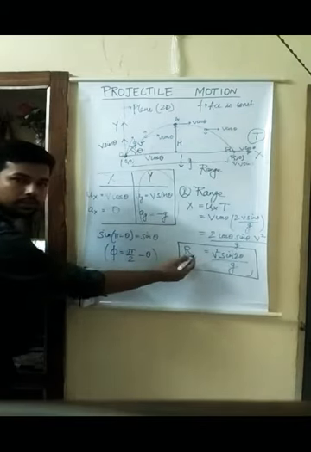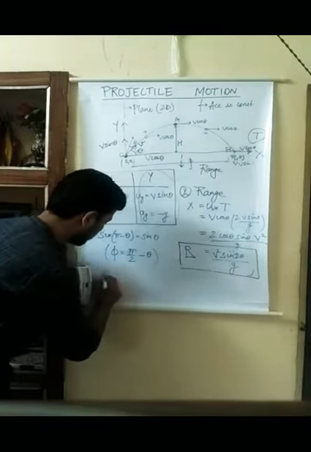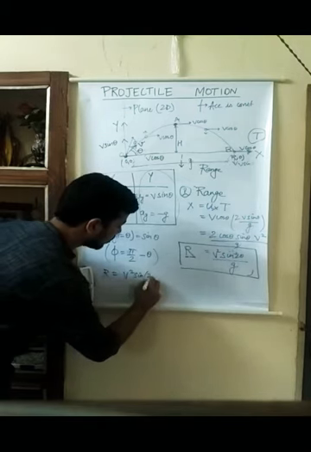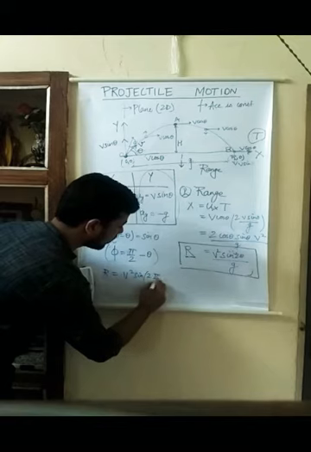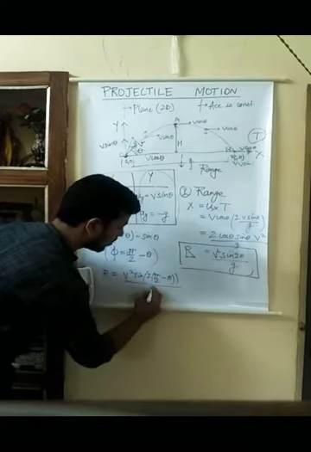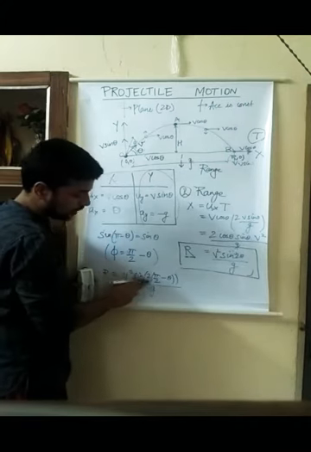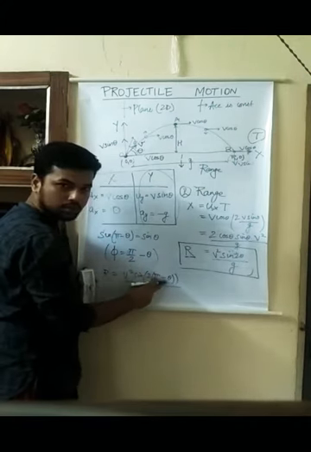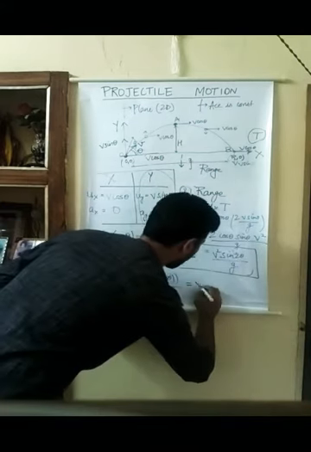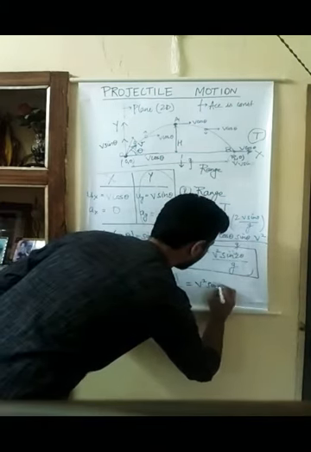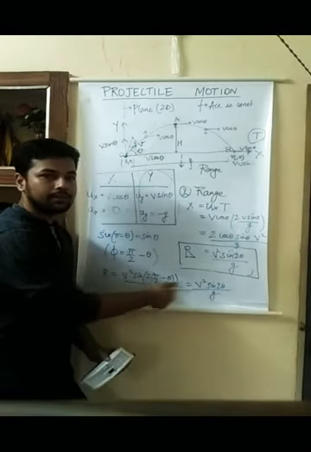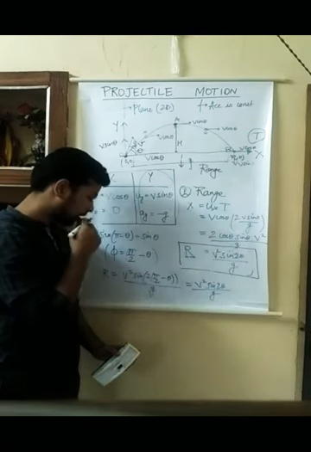We substitute in the formula for range. Range would become v square sin 2 times (pi by 2 minus theta) by g. So this will become sin (pi minus 2 theta), and this would again give me v square sin 2 theta upon g.